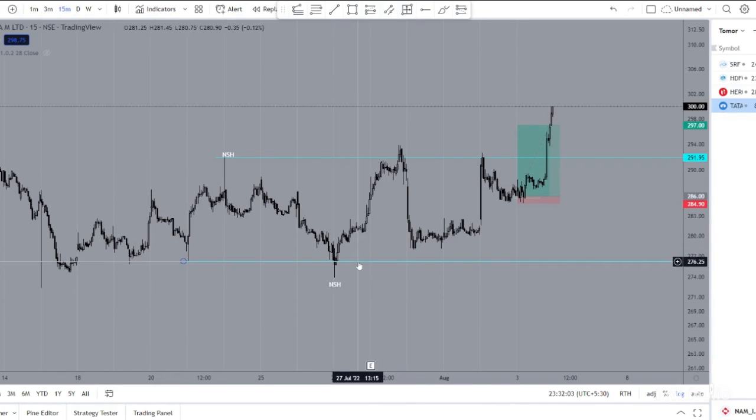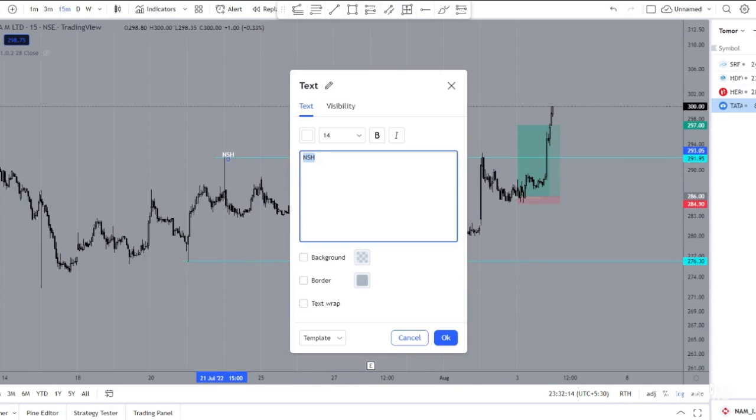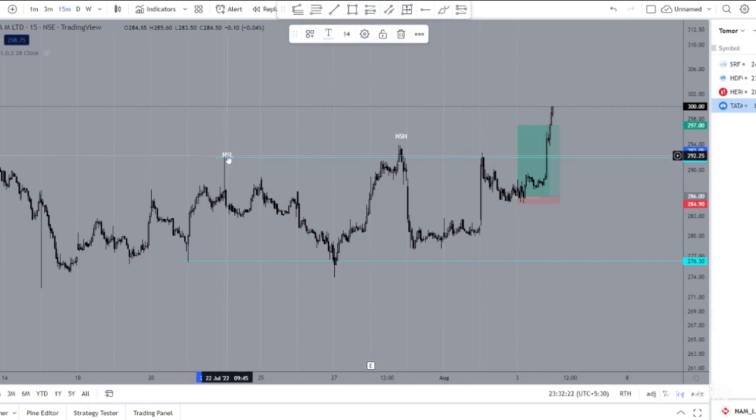But instead of going down further, the stock again made a new structure high here. It will be a new structure low here. After making this new structure low, the speed of the up move was quite good, and it made a new structure high here.